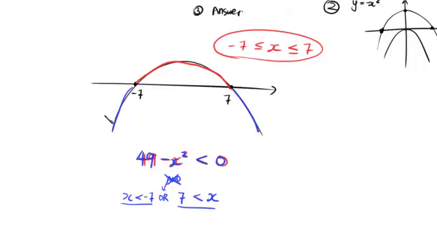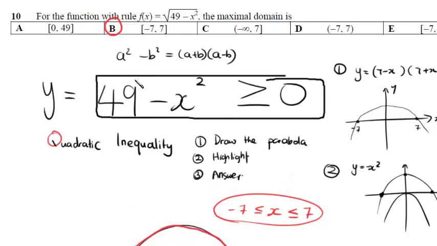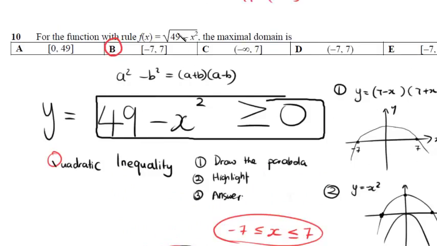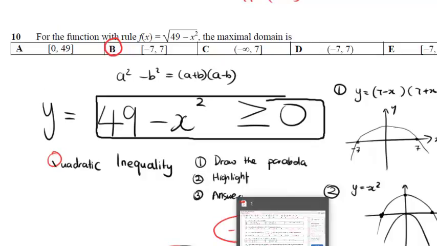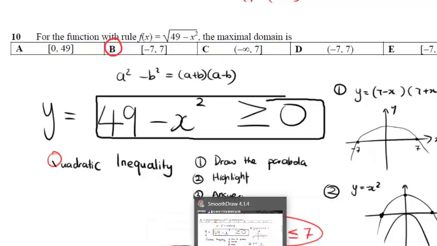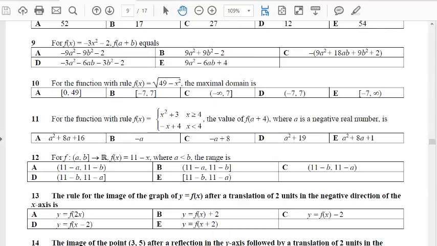The answer is no. So that's why you should never use the word and, because you cannot be here and here at the same time. That's why we use the word or. That's very important. So that's how you do a quadratic inequality. Okay, let's try the next problem.